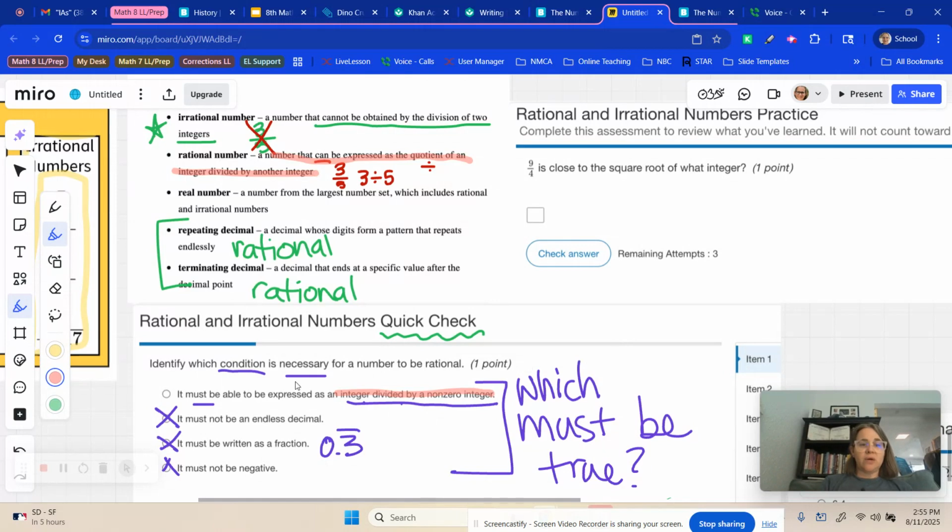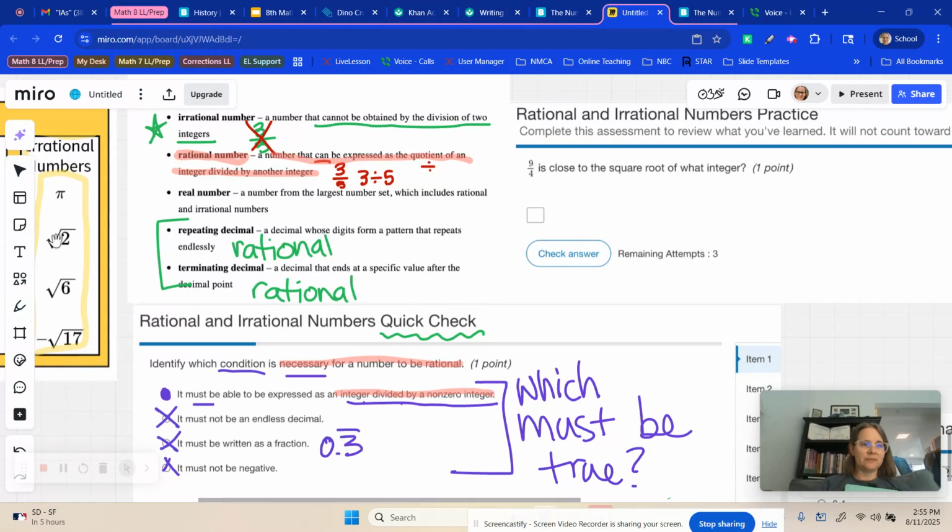So necessary for the number to be rational, here's the definition of rational. So I think we're good to go with this first choice. This is correct. We must be able to express it as one number over another number, a fraction, numerator over denominator.